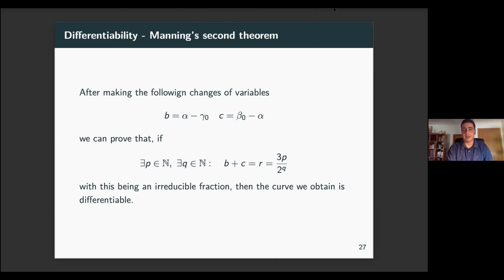Okay, so last I want to talk a bit about the differentiability of these curves. So if we introduce the following two variables, B and C, defined as such, we can prove that if their sum is a rational number, which is a multiple of 3 divided by a power of 2, then the curve we see will be differentiable.